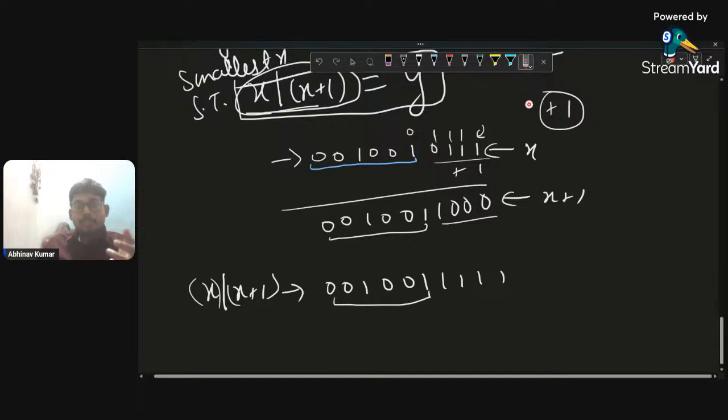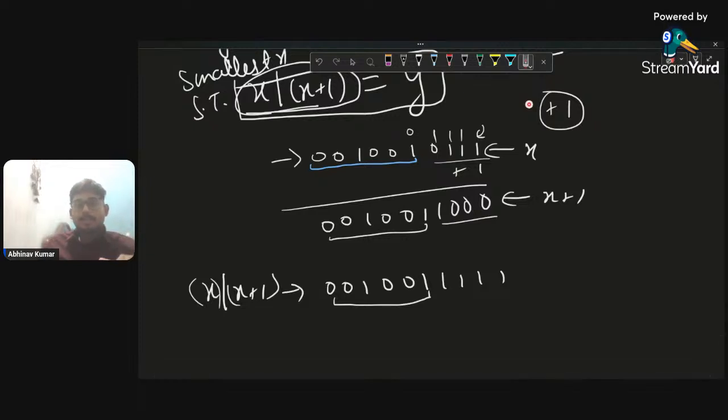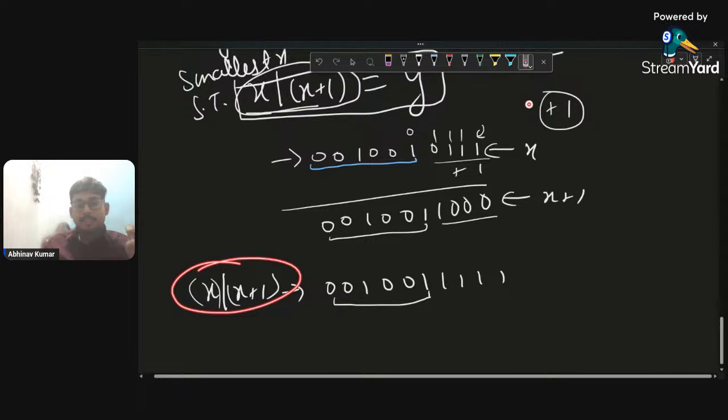That happens because whenever we add 1, wherever the least significant 0 is, the ones before it would all become 0, and the rest remains the same. So these would remain the same, this 0 OR 1 would become 1, and because of these ones they would remain 1.